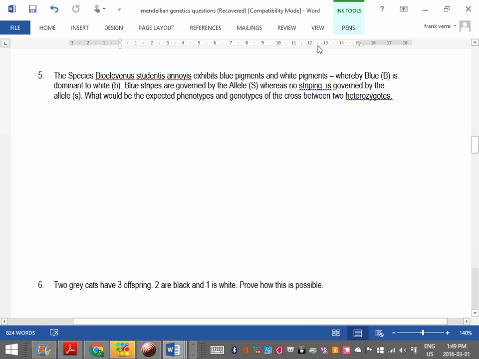Okay, what about this one? The species Bioelevenus studentis annoyus. Same thing, incomplete and blending just refer to the same thing.